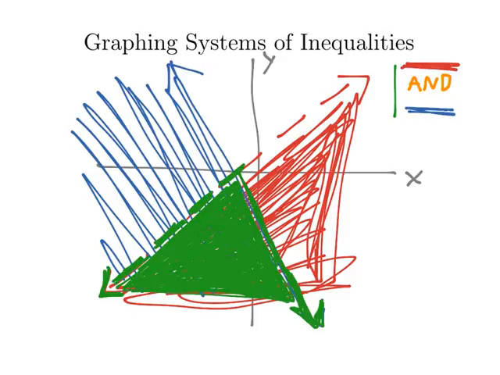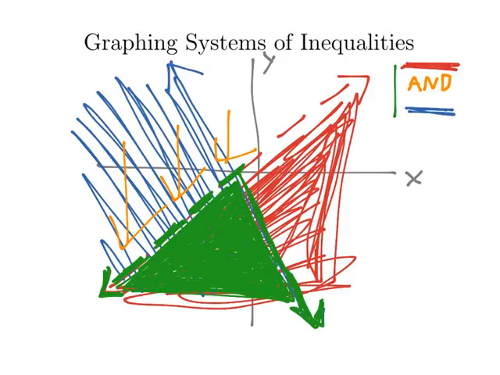So here you can see I have graphed the system of inequalities. This green area represents parts where red is true and blue is true. It's both of them. And you can even see here that I have a dashed line over here because red isn't included there.